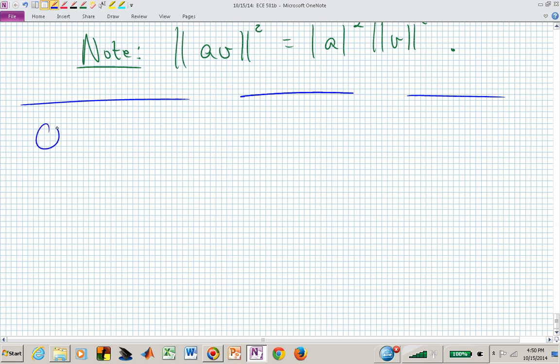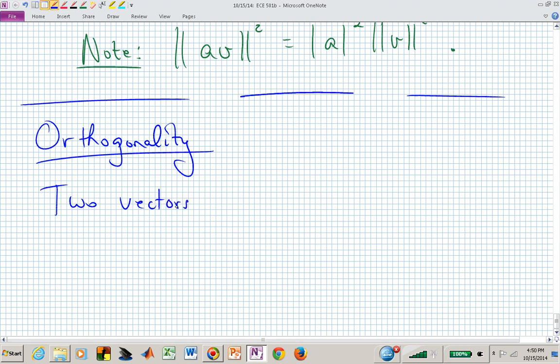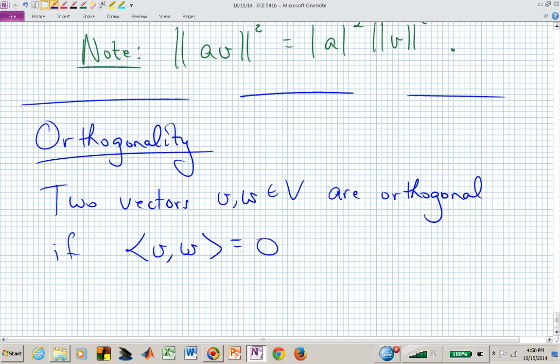So let's now talk about orthogonality, now that we have the ability to go from 2 vectors down to a scalar, and in particular that scalar could be 0. 2 vectors, say V and W, that are in the vector space V, are orthogonal if the inner product of V and W is equal to 0.